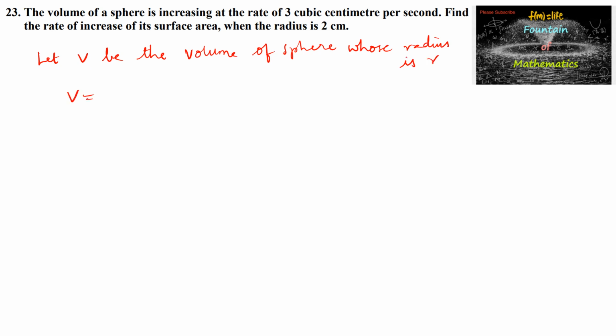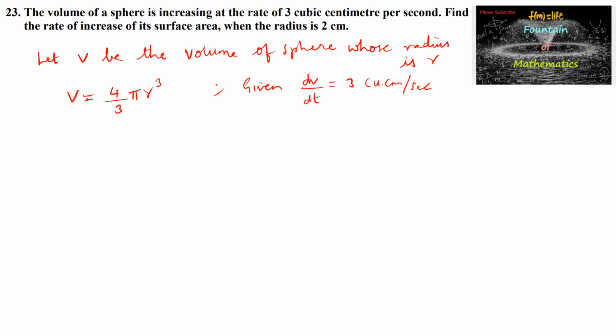So we have V is equal to 4 by 3 pi r cube, and it's given that dV by dt is equal to 3 cubic centimeter per second, and we need to find the rate of increase of its surface area.